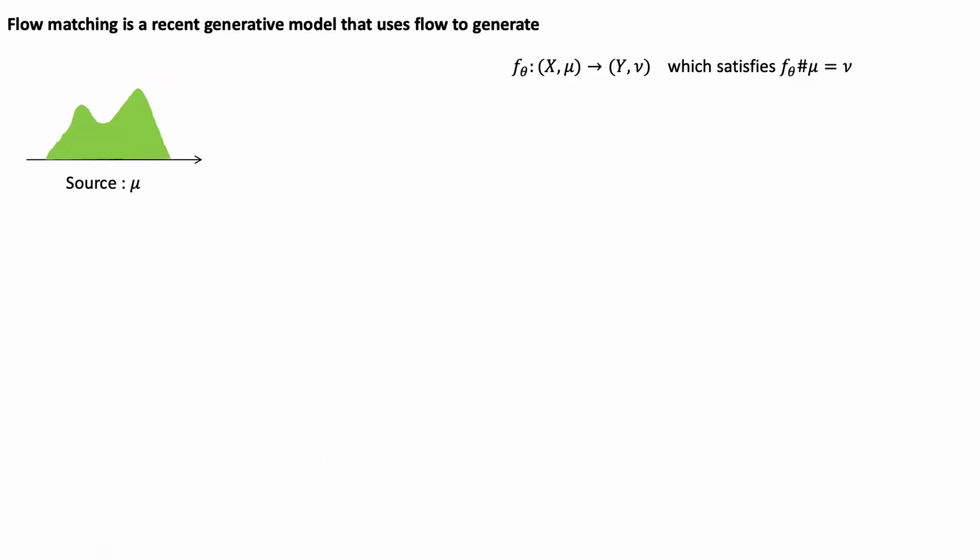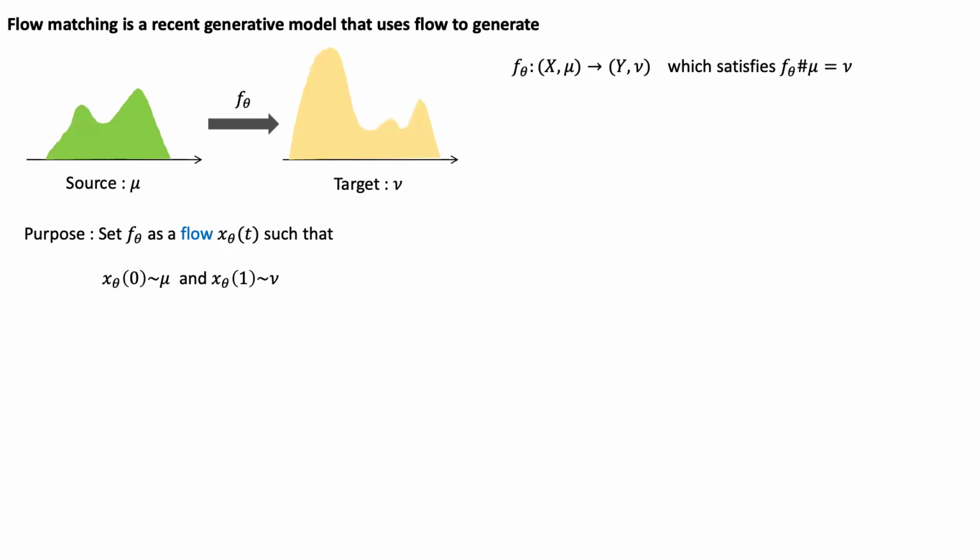So it can be illustrated like this. If you have an input distribution or source, you get the output distribution via the map F theta. But here, flow matching wants to obtain the map F theta using the flow. So what does it mean?